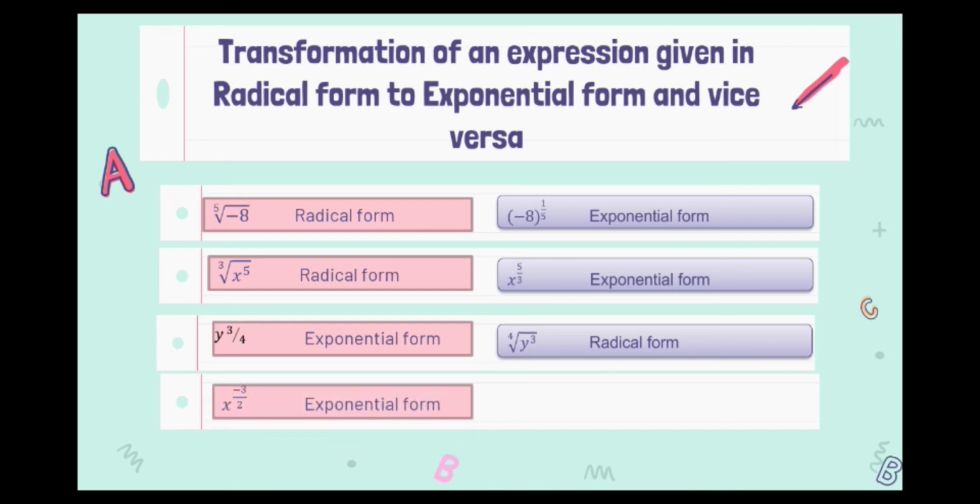The fourth value is x raised to power minus 3 by 2. It is again in exponential form. Its radical form is square root of x raised to power minus 3. Here we write the denominator value as an index and numerator value as the exponent.